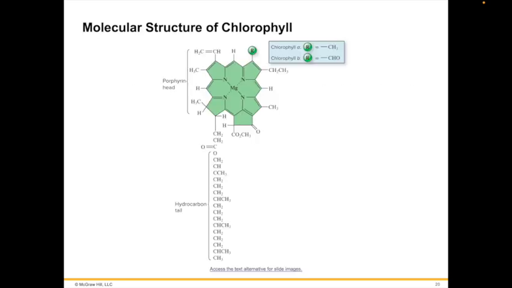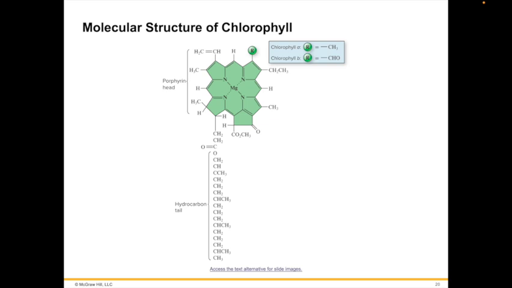Photons excite electrons in the porphyrin ring, which then are channeled away through the alternating carbon single and double bond system. Electrons not associated with a single atom or bond are said to be delocalized.